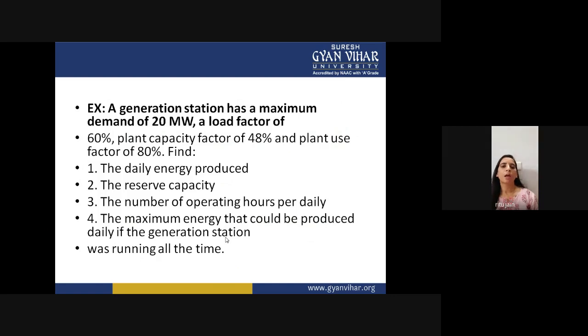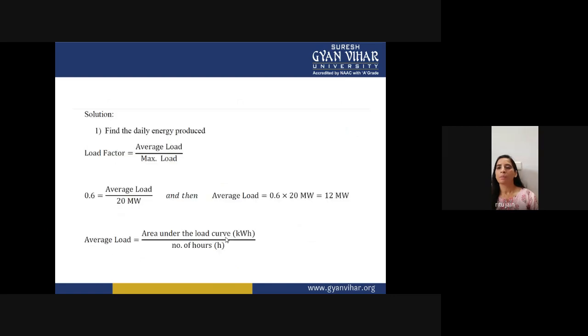So you have to calculate the daily energy produced, that is how much energy it is producing in kilowatt hour, the reserve capacity, which is plant capacity minus maximum demand, then the number of operating hours daily, and the maximum energy that could be produced daily if the generating station was running all the time. Okay, so this is a very important example.